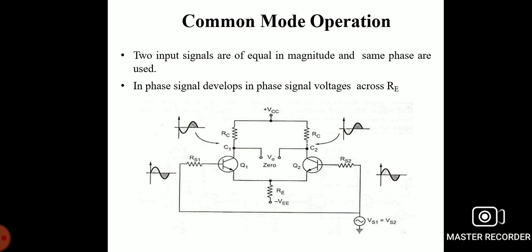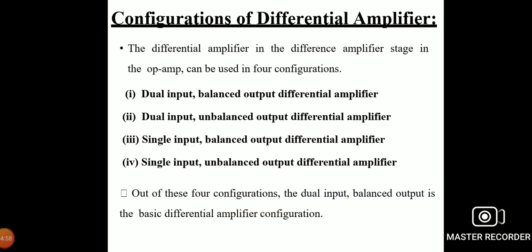So what are the different configurations of the differential amplifier? The differential amplifier, or difference amplifier stage, in the operational amplifier can be used in four configurations. The first one is the dual input balanced output differential amplifier.